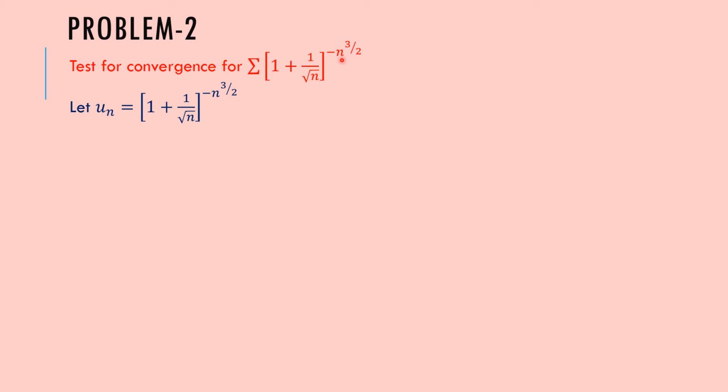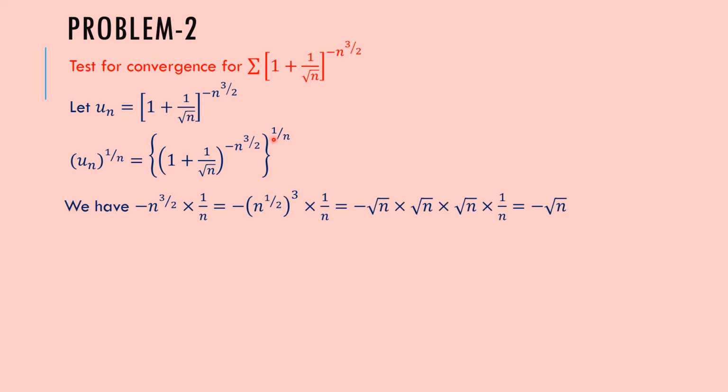Now un power 1 by n, that is ((1 plus 1 by root n) whole power minus n power 3 by 2) whole power 1 by n. Here, if I take 1 plus 1 by root n as a, minus n power 3 by 2 as m, and 1 by n as n, then (a power m) power n can be written as a power mn.